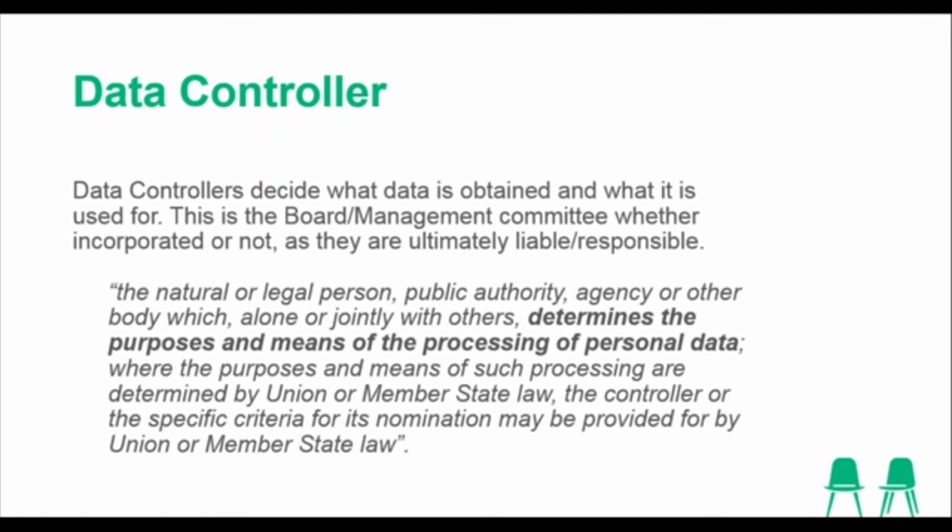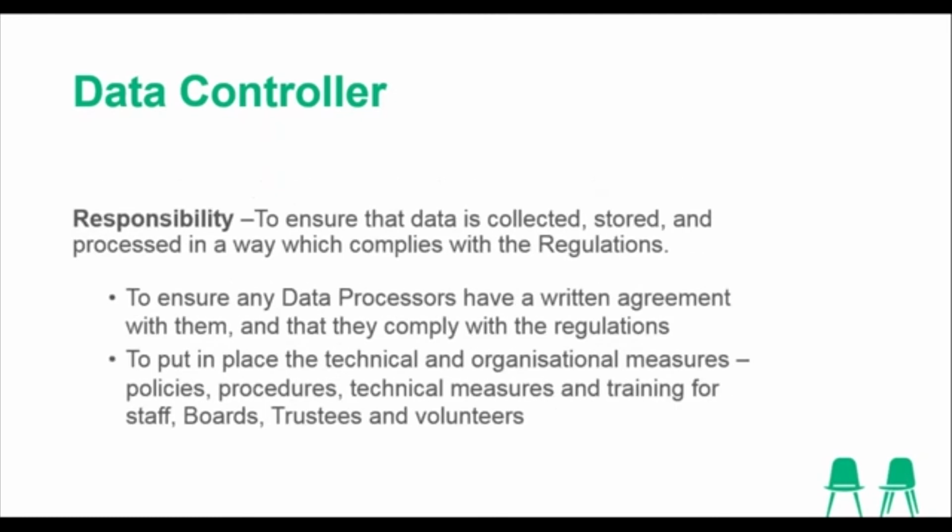So the data controller, the board, determines the purposes and means of the processing of personal data. They set the framework. So they have to ensure that data is collected, stored and processed in a way which complies with the regulations. Underneath the data controller, the strategic body, you're going to have individuals that are processing data, and they're called data processors.